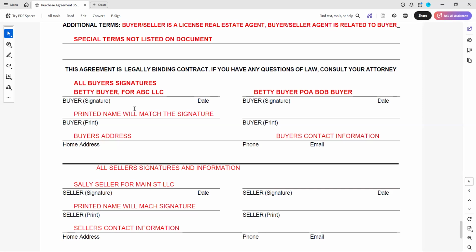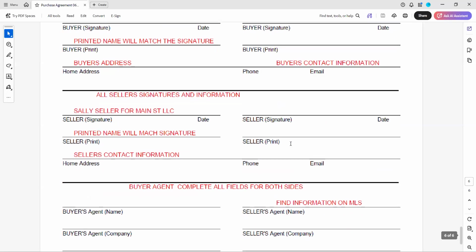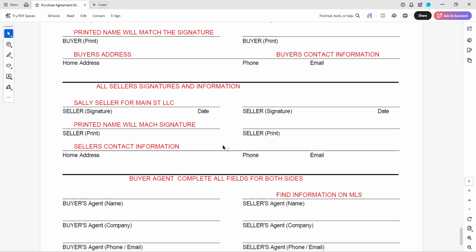And then it's always great if you give us their contact information. If you have more than one buyer, you've got a couple different spots there for the buyers to all sign. Underneath that, you're going to have where the sellers are going to sign. This should be the same as the buyers. If we represent the sellers, we want them to all be signing appropriately.